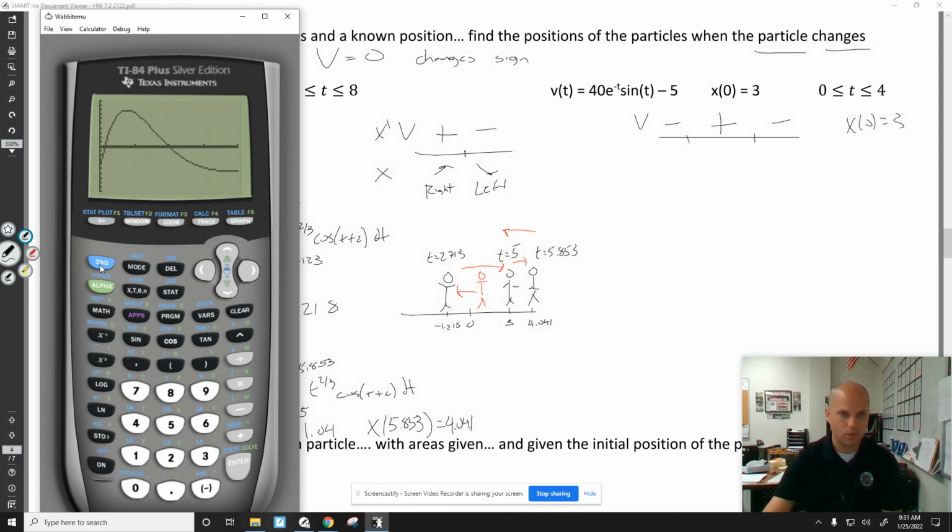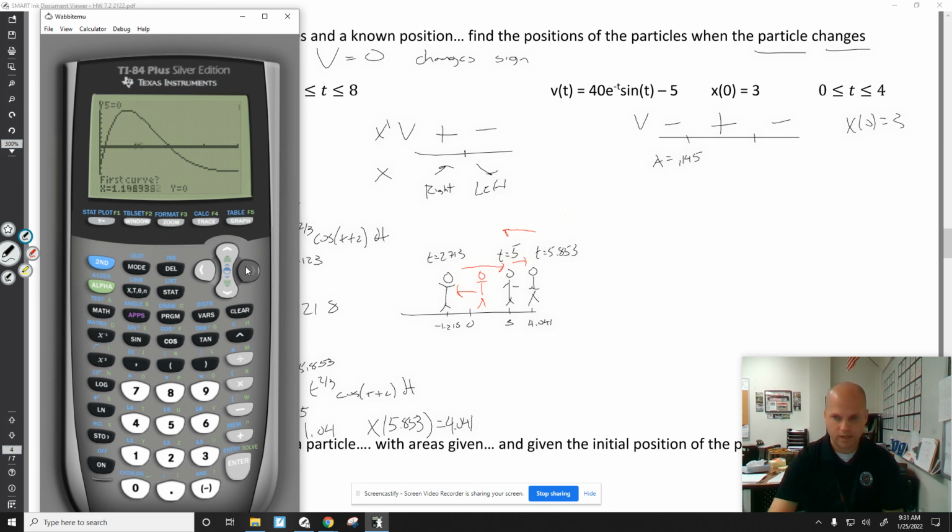So let's set up some equations after we find some intersections. Let's find this intersection. I'll store it as A. And the other intersection, I'll store it as B. Switch to the y equals 0.